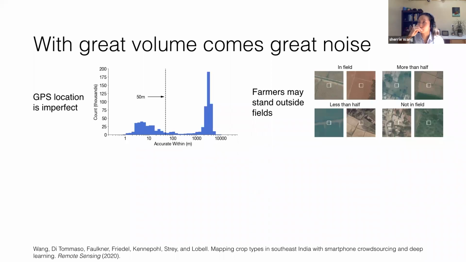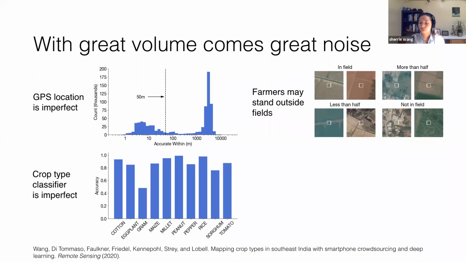Some of the reasons for this might include that they don't have good internet connection when they're in their field, so they go home or they go somewhere with better internet connection, which is often in an urban area, to take a picture and then submit it. They might also take pictures from next to their crop field because they don't want to step on their crops, or they don't need to in order to take a picture. So in order to filter out these irrelevant submissions, I'll talk about this in more detail in the next slide, but we're also going to use deep learning to do that.